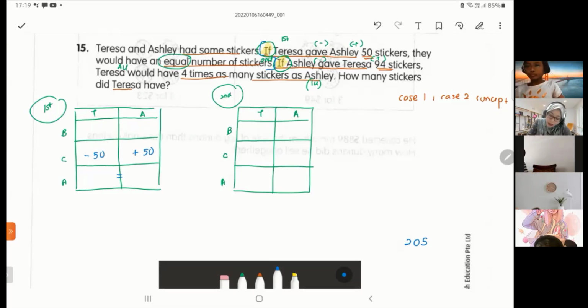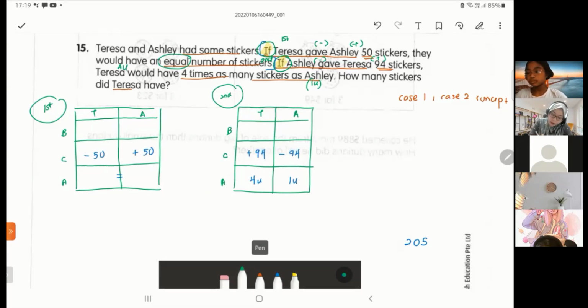Then next one, if Ashley gives Teresa 94 stickers, Ashley minus 94, Teresa plus 94. Teresa will have 4 times as many as Ashley. Now, we will add in my total column.